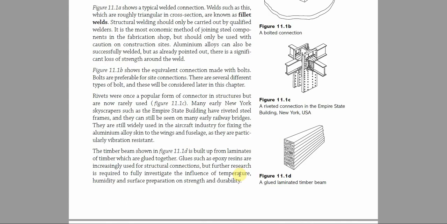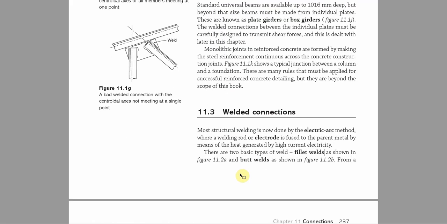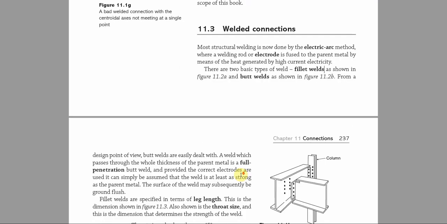Now let us look at how this welded joint is being carried out. A weld which passes through the whole thickness of the parent metal is a full penetration butt weld.